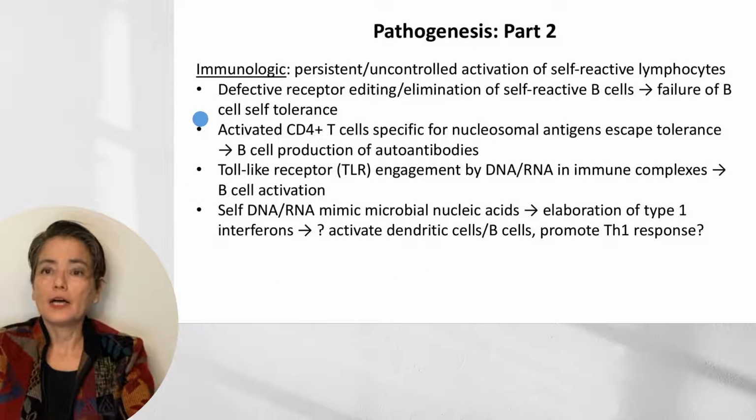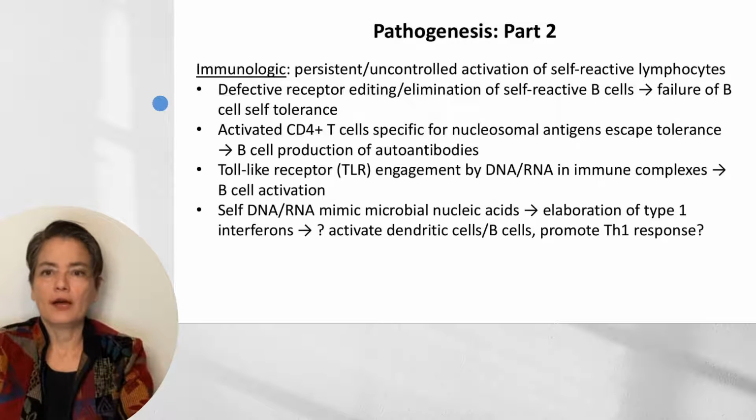Now, the immunologic component here is mostly from experimental data, so it is not something that we understand as clearly in human medicine. But what we get through these different mechanisms that have been shown experimentally is persistent or uncontrolled activation of self-reactive lymphocytes.